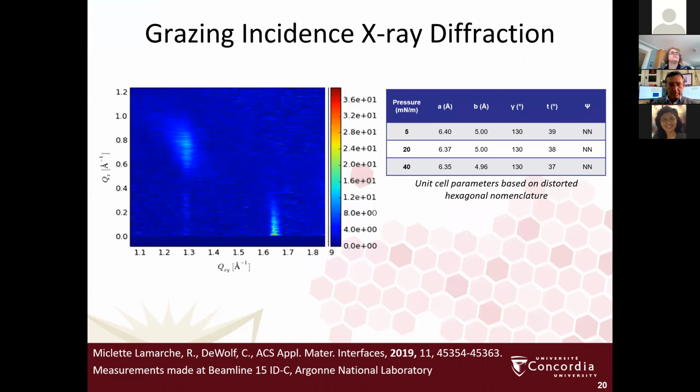So again, we turn to diffraction to determine the unit cell parameters and the structure of this condensed phase. A couple of things to note. The first is that it has two peaks. It's a tilt towards nearest neighbor of about 39 degrees, so they're fairly highly tilted.